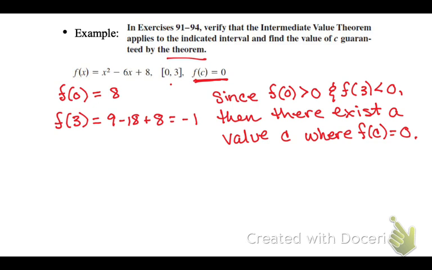Since one is positive and one is negative, does there have to be a 0 in between the two? Yes. A 0, an x-intercept, and a solution are all three the same things.